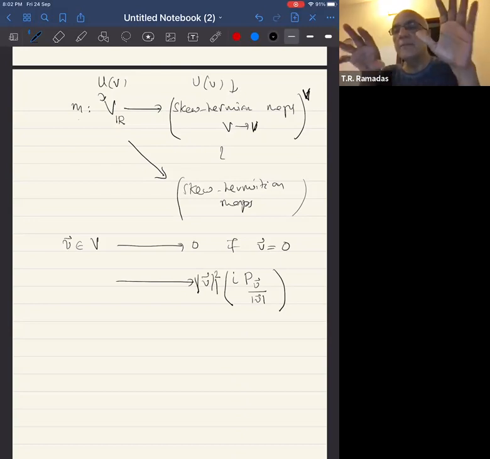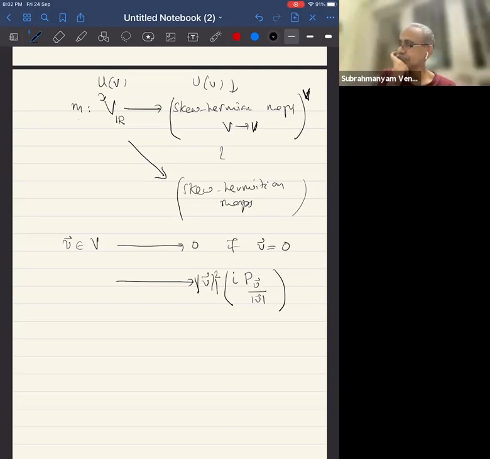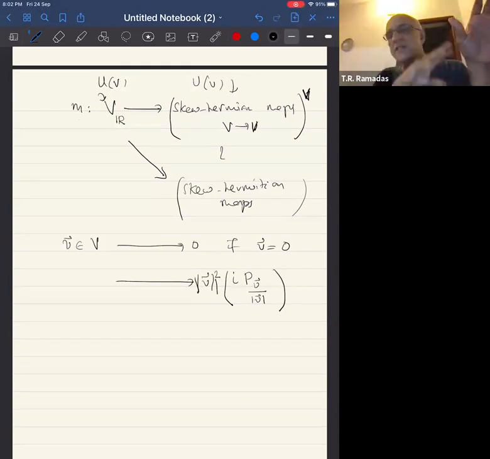The real part of the inner product gives you a Riemannian metric. The imaginary part gives you a symplectic structure. It singles out in GLV the unitary transformations UV, which act as orthogonal transformations for the real inner product and symplectic transformations for the imaginary part.